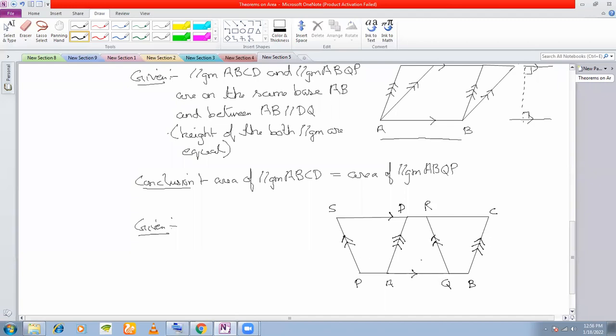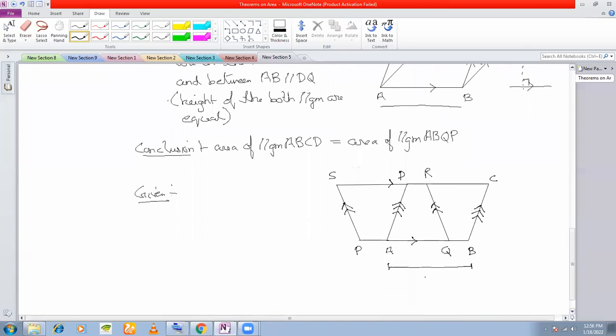The base of parallelogram ABCD is AB, and the base of parallelogram PQRS is PQ. Now, what if I give you that these two bases are equal? Given parallelogram ABCD and parallelogram PQRS are on equal bases, AB equal to PQ.